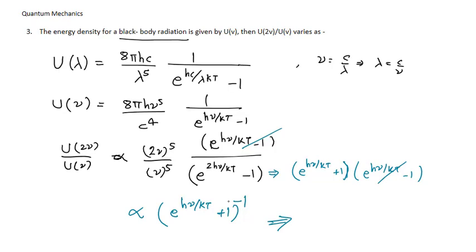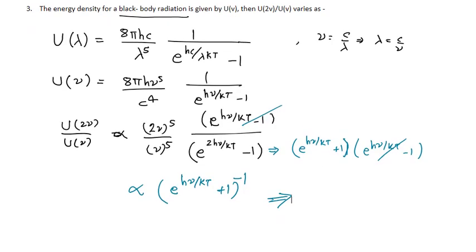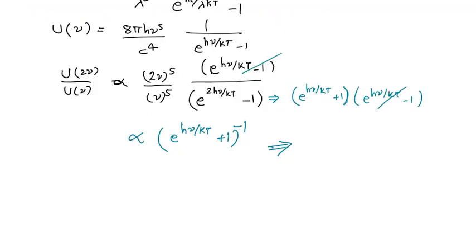So this was a question from black body radiation. This is also a very important topic, especially not for this energy density, but for Wien's displacement law and all that. You should remember that if I decrease the temperature, then the maximum wavelength will increase. So λ_max times T is constant.